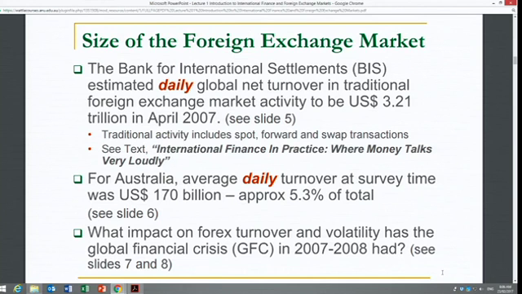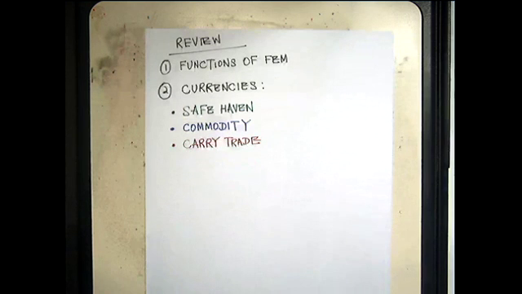According to yesterday's discussion, we talked about the functions of FAM, the foreign exchange market. Essentially, it helps to transfer purchasing power, which is quite straightforward to understand. At the same time, it helps to provide credit, so if you want to borrow or lend money using different currencies, that can also be facilitated. In addition, the FAM also facilitates the hedging against exchange rate risk.